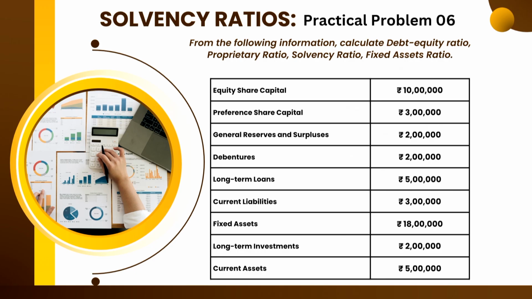Moving ahead to question number 6, we are again to calculate in this question the debt equity ratio, proprietary ratio, solvency ratio and the fixed assets ratio. Starting with the debt equity ratio. Debt in this company is debentures 2 lakh, long-term loans amounting to rupees 5 lakh.